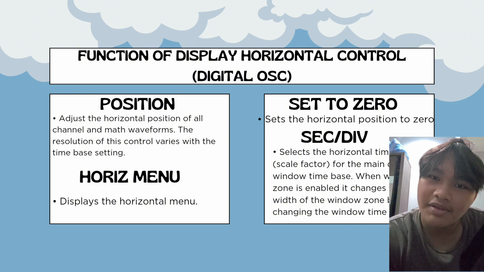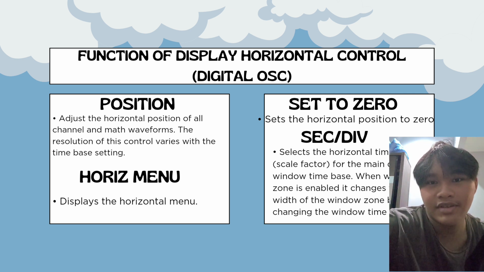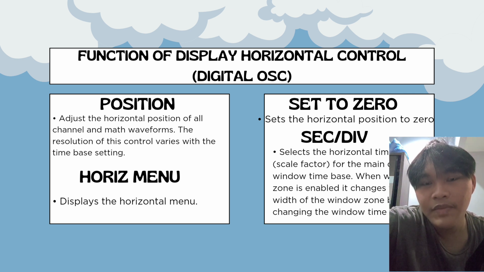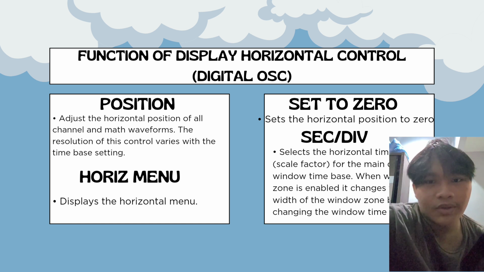Set to 0. Sets the horizontal position to 0. Then seconds per division. Select the horizontal time per division scale factor for the main or the window time base. When the window zone is enabled, it changes the width of the window zone by changing the window time base.